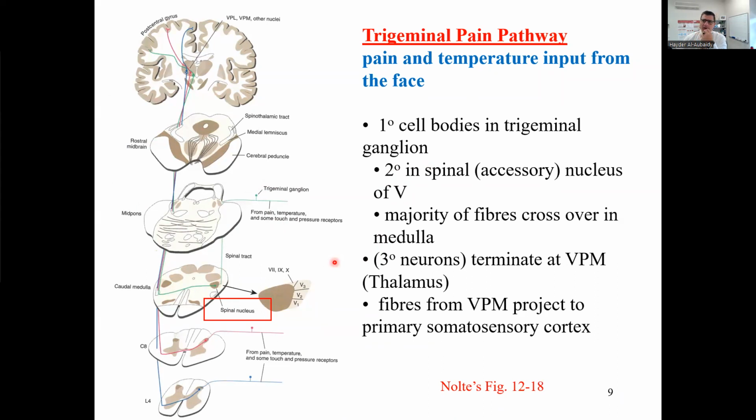I've mentioned to the blended group that I taught on Friday that I suggested to them to make a comparative table of these four pathways. So put DCML, STT, trigeminal touch, and trigeminal pain pathway in the table and compare them according to the first order neuron, second order neuron, third order neuron, the level of decussation, and the function of each pathway, depending on the body components that it's responsible to carry sensory input from.